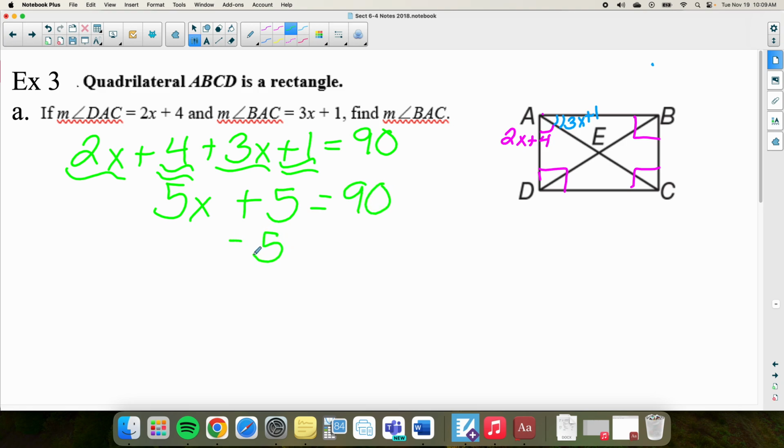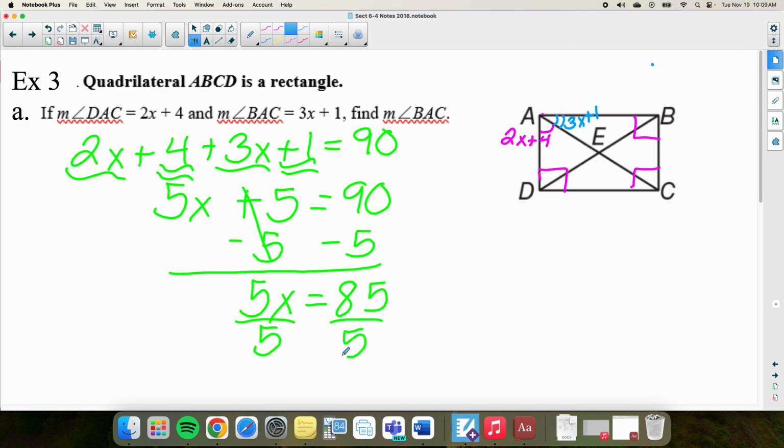Then I'm going to subtract 5, and I get 5x equals 85. Divide by 5, and x is 17. And then what I have to do is find the measure of angle BAC.